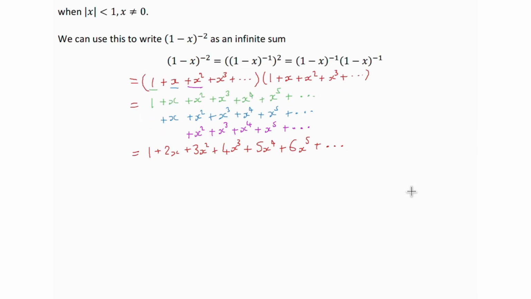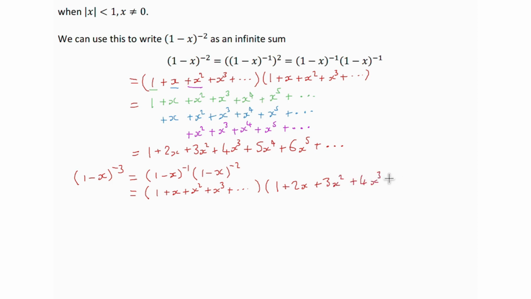What about if we were thinking about (1 minus x) to the minus 3? Let's have a think about what that would be. (1 minus x) to the minus 3 would be (1 minus x) to the minus 1 times (1 minus x) to the minus 2. So that's 1 plus x plus x squared plus x cubed, going on forever, times, and then this bit is what we just worked out, 1 plus 2x plus 3x squared plus 4x cubed, going on forever and ever.